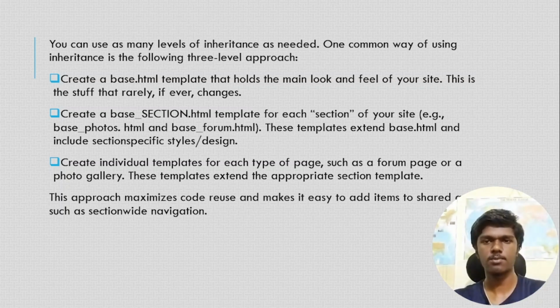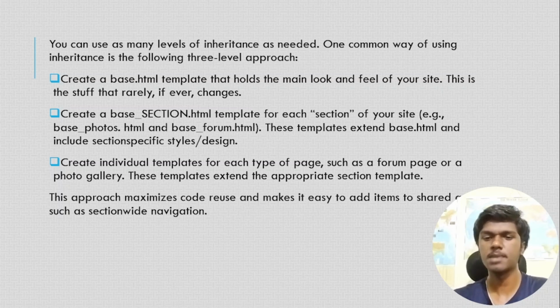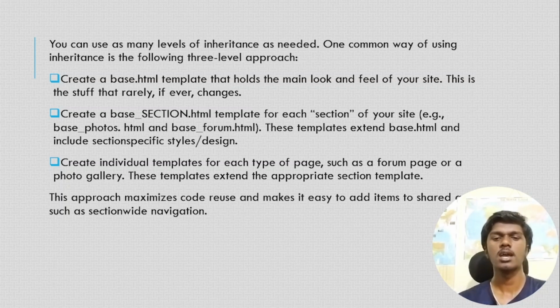If you have a bigger website, then you can extend the site's different sections to different files instead of having the entire thing the same, which will complicate stuff when you want to change it. So you can use the template inheritance concept to just add extra features for a specific section. So these templates extend base.html and include section-specific styles as well as design.